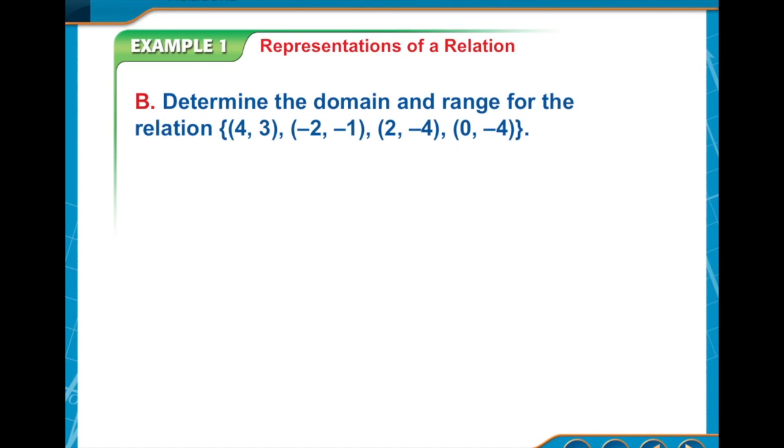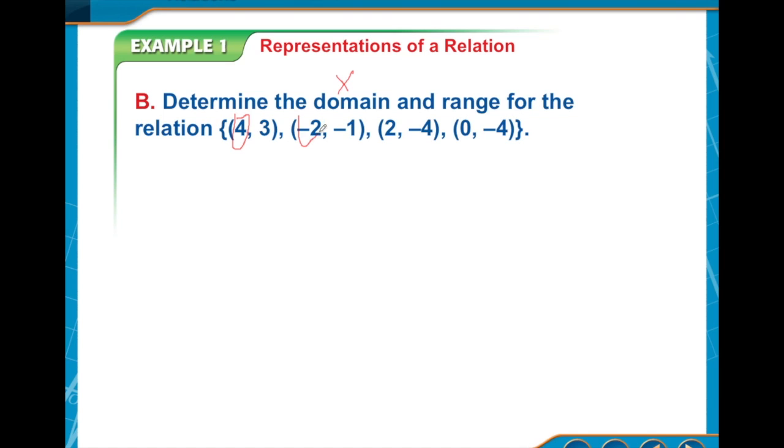1b. We're asked to determine the domain and range for this relation. Now, if we remember a little bit of vocab, domain just means x. All the x values. So if I look here, 4 is an x value.